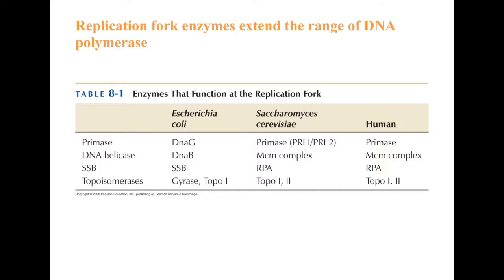We can see the different types of enzymes: primases, helicases, single-stranded binding proteins, and topoisomerases. The primases synthesize the RNA primers; the helicase, which is the MCM complex or DnaB helicase, separates the two DNA strands; and the single-stranded binding proteins are replication protein A or single-stranded binding protein.